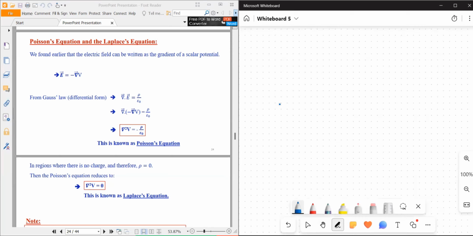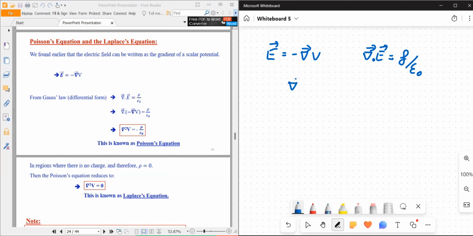Now let's see how Poisson's equation and Laplace equation are formulated and what these equations are. We know electric field is equal to minus del V, or the gradient of the scalar potential, this electric potential V. And also we know from Gauss's law, divergence of electric field, or del dot E, is equal to rho over epsilon naught.